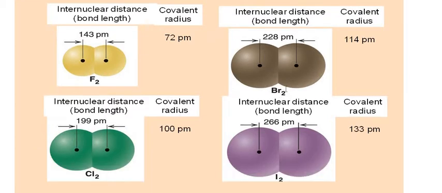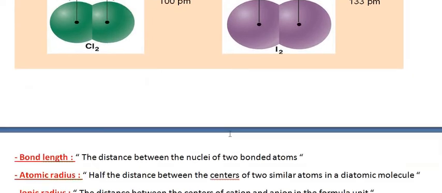In a bromine molecule, for example, if the bond length between the two nuclei is 228 picometer, and you divide this distance over 2, you will get 114 picometer, and so on.